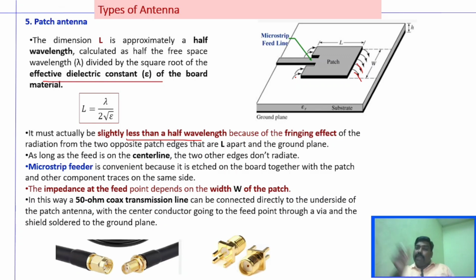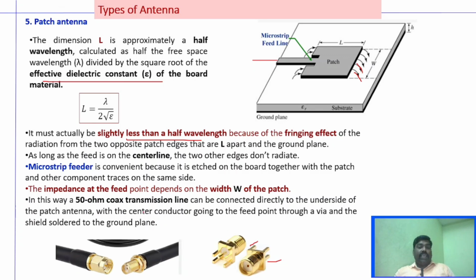What is feed? Giving power to this particular antenna, right? This is called the microstrip feed line. So if we give this feed line in the center, we are able to overcome the fringing effect. And this microstrip feed is convenient because it is etched on the board together with the patch and other components. The impedance of the feed depends upon the width of the patch antenna, and you can connect this antenna with a 50 ohm coaxial transmission line by using this type of connector, right?